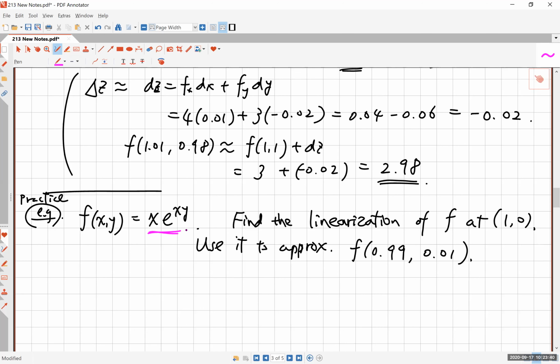Find the linearization or linear approximation of f, which is basically asking you to find the tangent plane, solve that for z, and use it to approximate f at a point very close to (1, 0), which is (0.99, 0.01). Okay, so let's see if you can figure this out. When you think you can get the right answer, look in your notes and try to work on this. When you think you got the right answer, come back and we will talk more about this together with a few more topics we need to cover in this section.